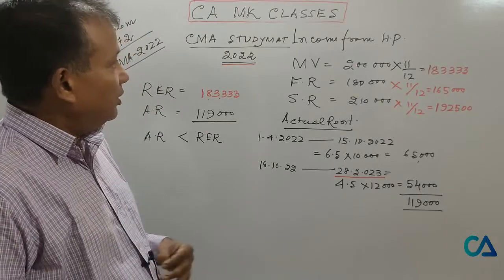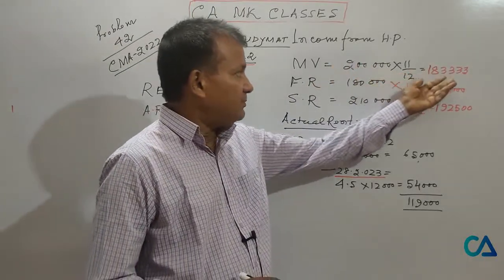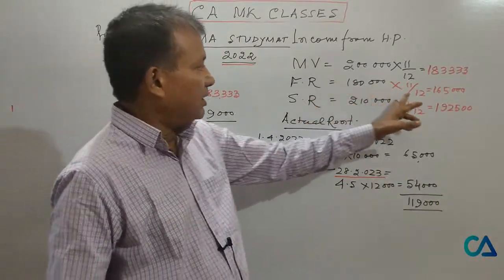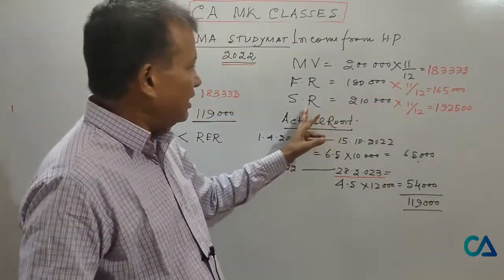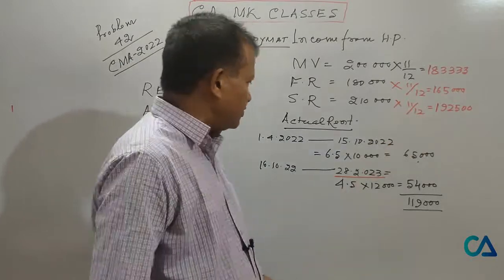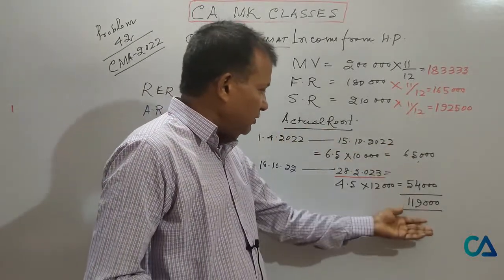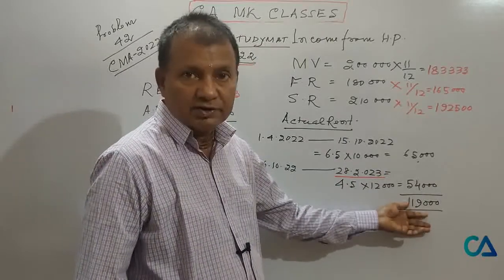Therefore, we have to take the municipal value for 11 months, fair rent for 11 months, and standard rent for 11 months. Actual rent is automatically for 11 months.